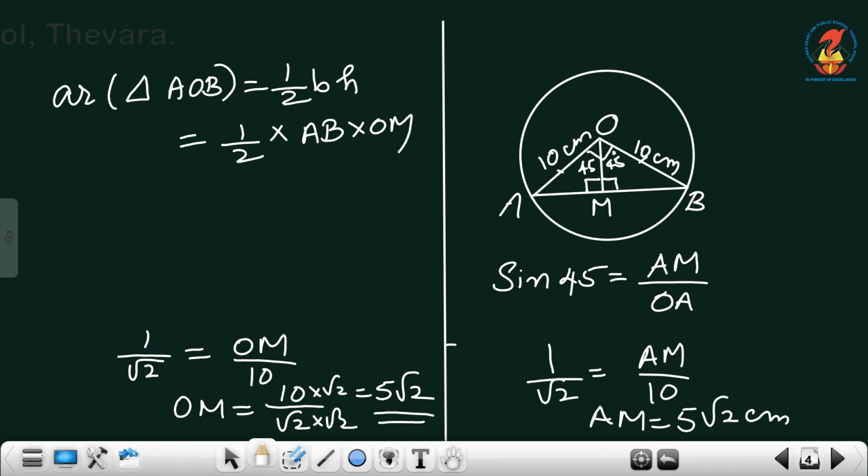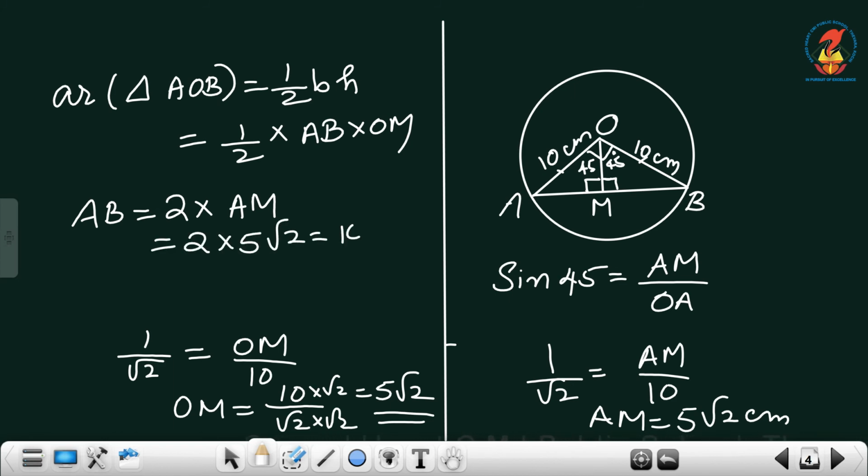What about AB? For getting AB, the perpendicular from the center to the chord bisects the chord. So AB is equal to 2 times AM, which is equal to 2 into 5 root 2, which is equal to 10 root 2. What is the reason? The perpendicular from center to the chord bisects the chord. You have to write the reason here.